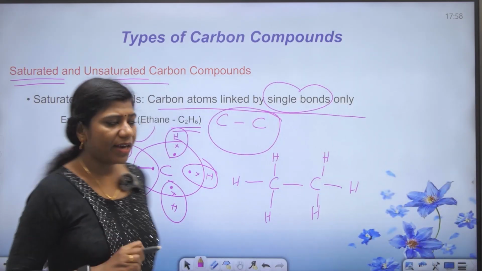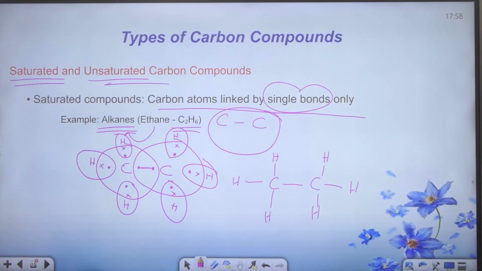Total 1 carbon-carbon single bond and 6 carbon-hydrogen single bonds are present in the C2H6 molecule. This is the structure of the ethane molecule. Is it clear?